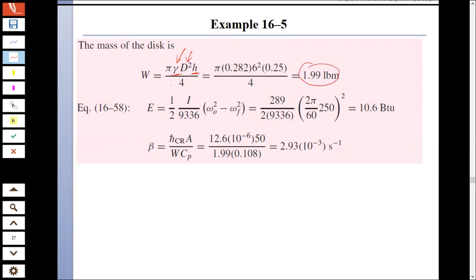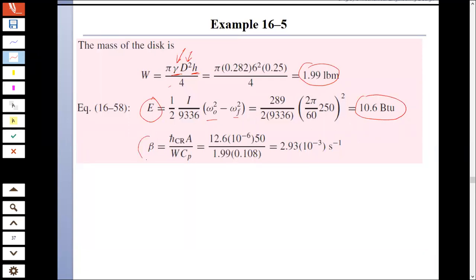Now the energy that we are going to have in terms of heat is going to be half I, over 9336, W A square minus W F square, the initial minus the final velocity. So putting the values in there, it turns out to be 10.6 BTU.